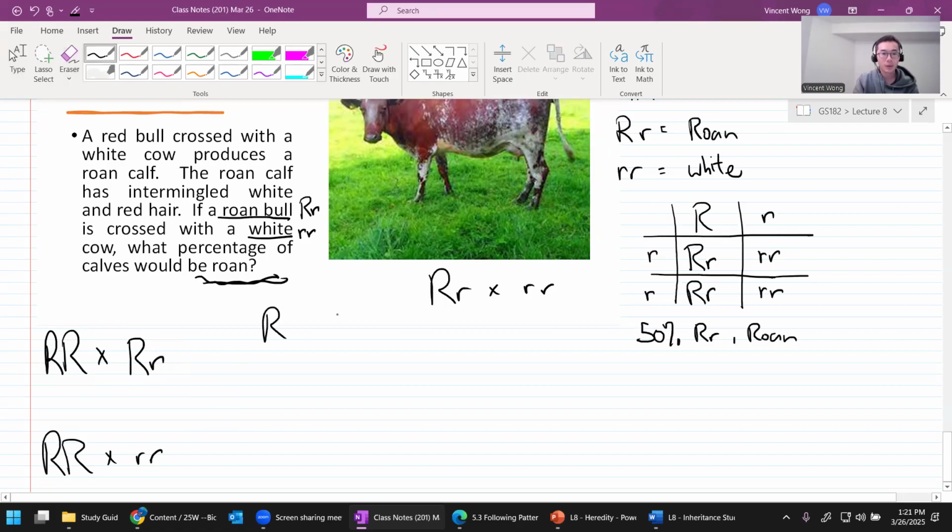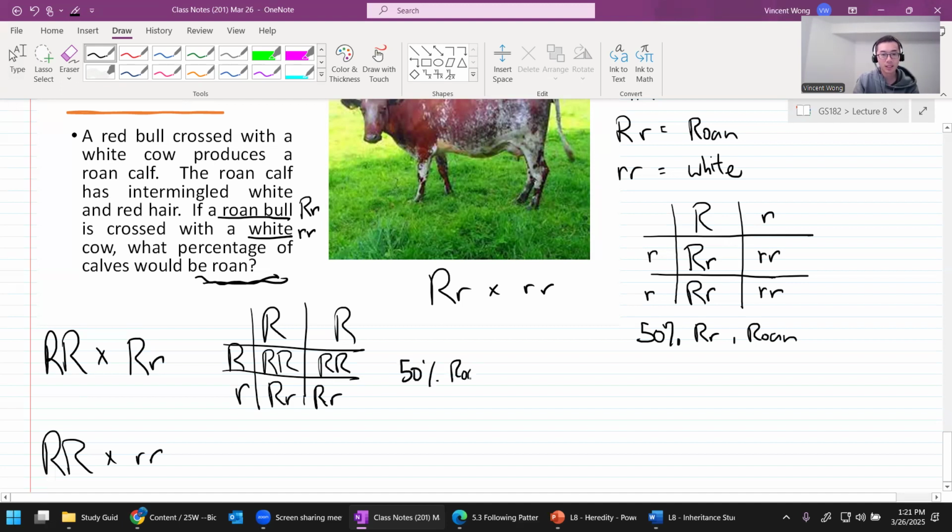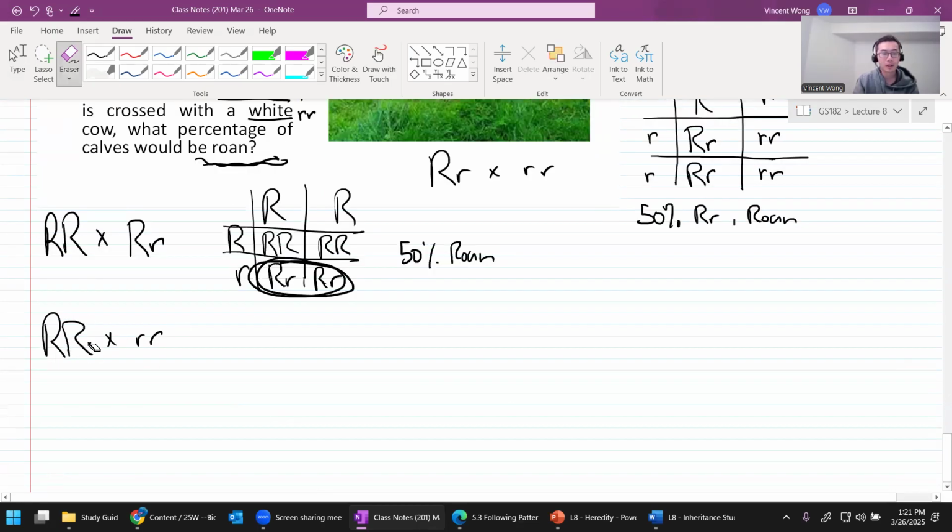If we do red and roan, and this is red and roan, you fill it in like that. Only 50% roan, right? You see? Let's try red and white.